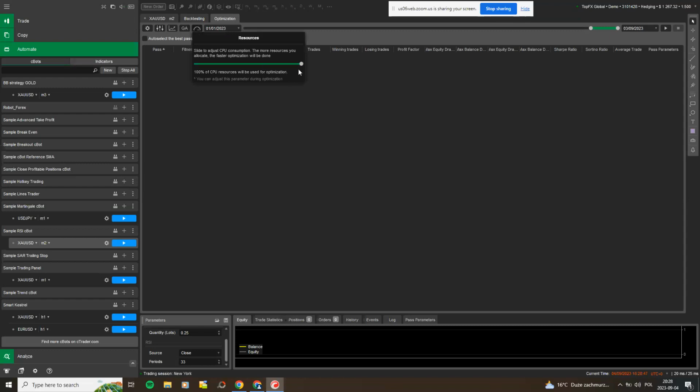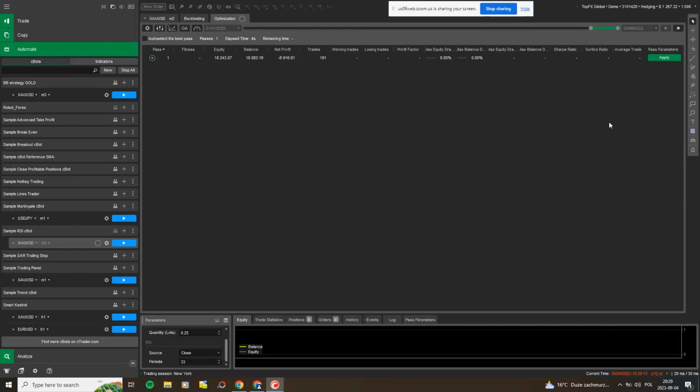And then we've got the resources. We want to use not 100%, but let's say 75, about half of our CPU for this optimization. So it might take a little bit of time, of course. We've got a time period of almost 1 year, from the beginning of the year. Let's try to find what is going on.